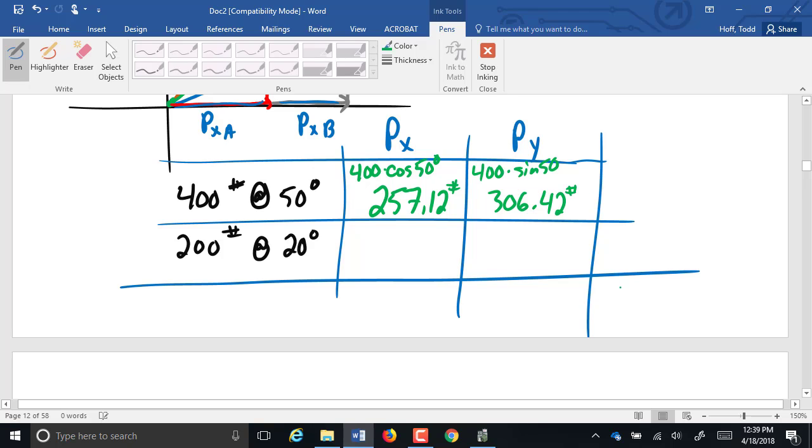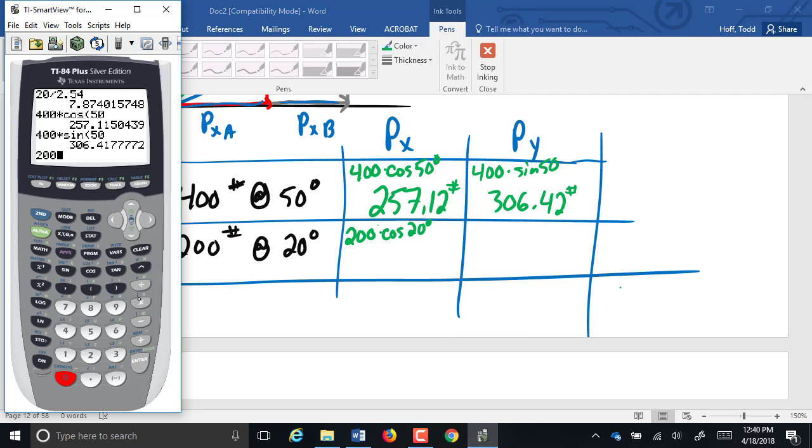For the 200 pounds at 20 degrees, how do I find the x component? 200 times cosine of 20, right? The x component, the horizontal component, is always the cosine of the angle, right?